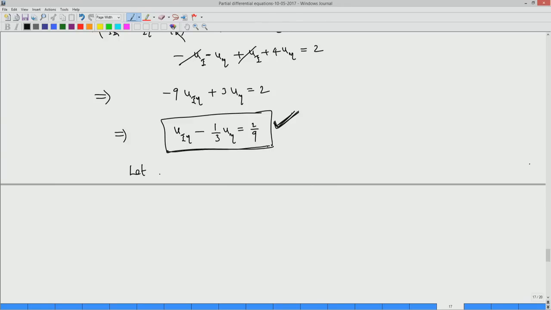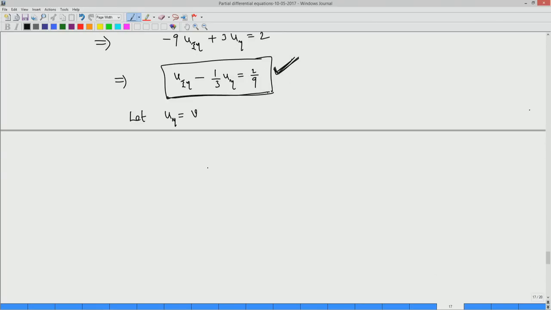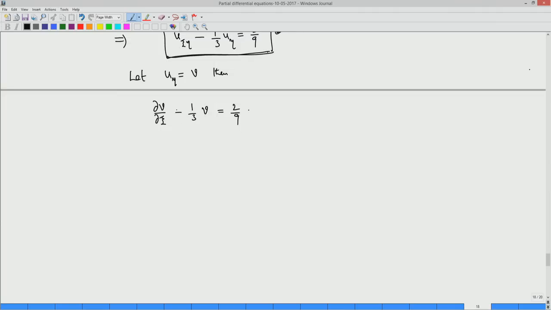So if you consider this u eta as some v, you just take it. Then what happens to this equation? You have dou v by dou xi minus 1 by 3 v equal to 2 by 9. This is an ordinary differential equation type. So how do I solve this? What is the integrating factor?